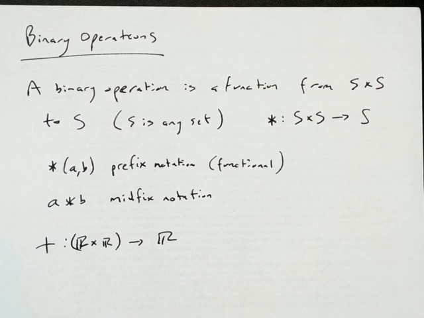If I pick a different set, I could screw this up really easily. Let's consider subtraction. Subtraction makes perfect sense on the real numbers, yes? I give you two real numbers, you can subtract them. And the result will be another real number, yes?